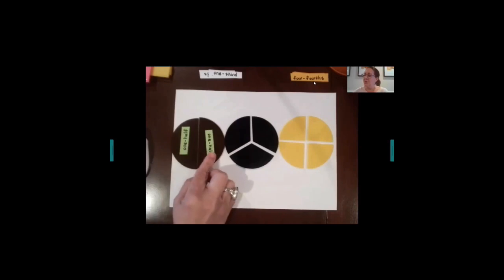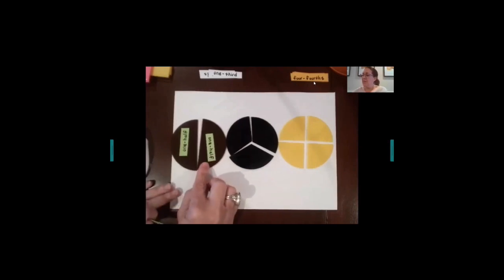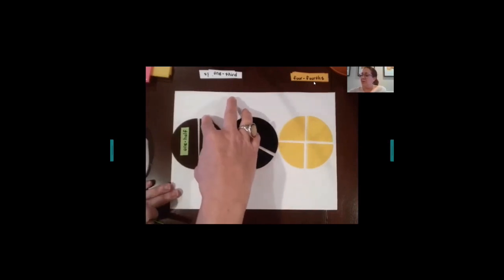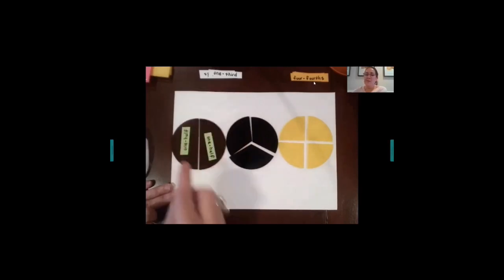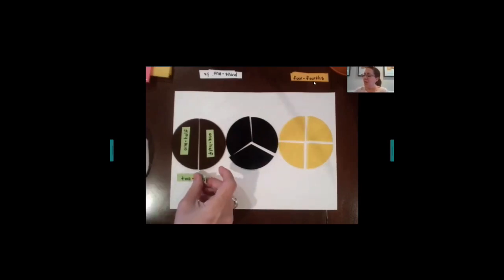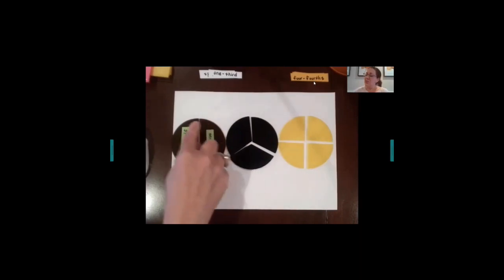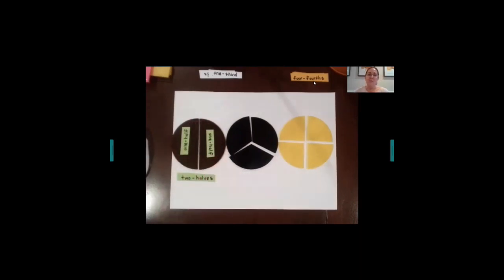So I'm going to label those pieces now. This piece is 1/2 of the whole, and this piece is 1/2 of the whole. Now, if I'm thinking about both of these pieces, I would call that 2 halves. So we can see that it takes 2 halves to make the whole circle.